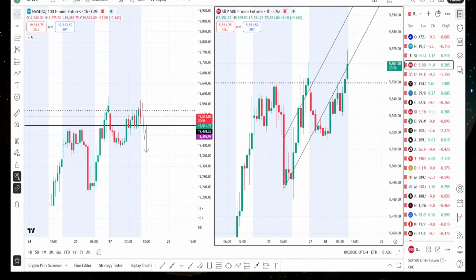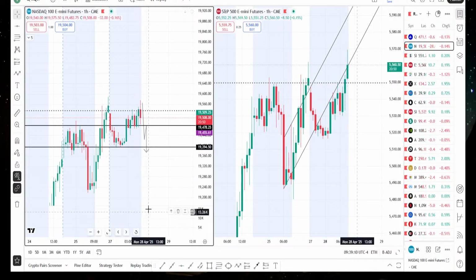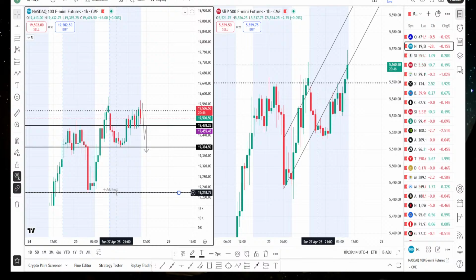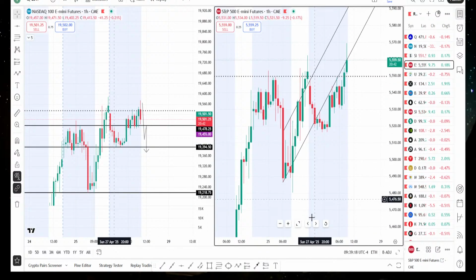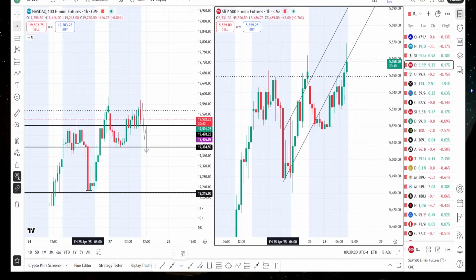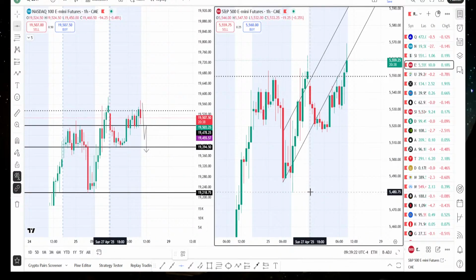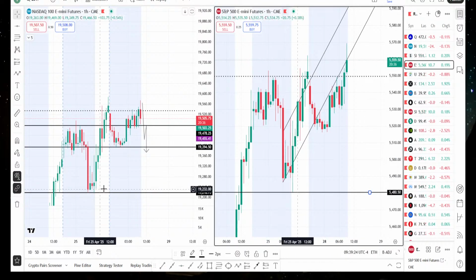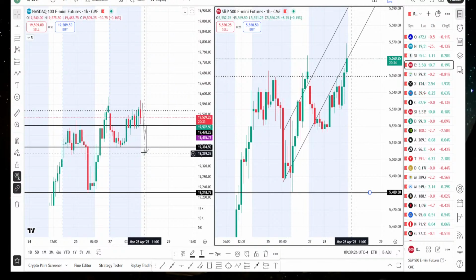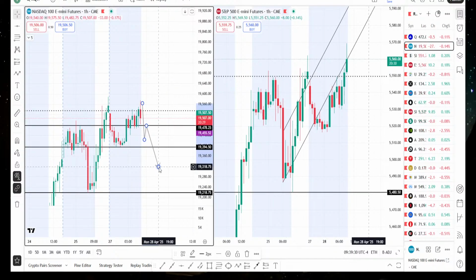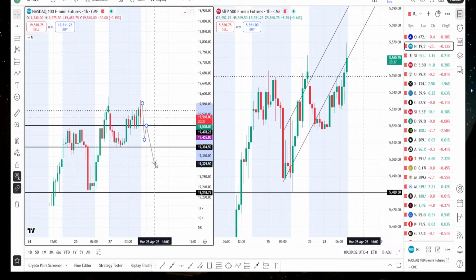So we have support here, and we have support down here. This one has equal lows, so we keep that in mind. That's gonna have a strong pull towards that support zone. If we break below this area, then we're coming all the way down here, then down here.